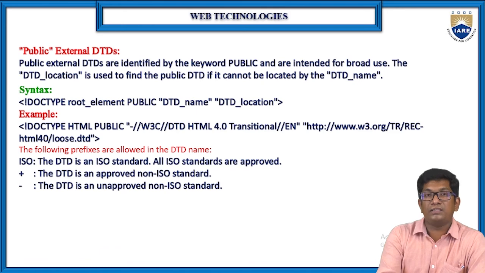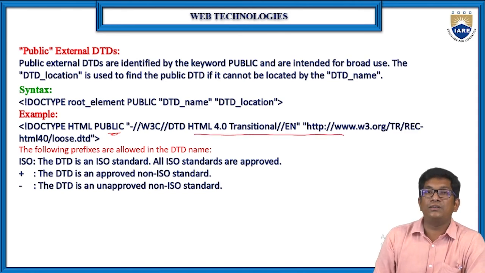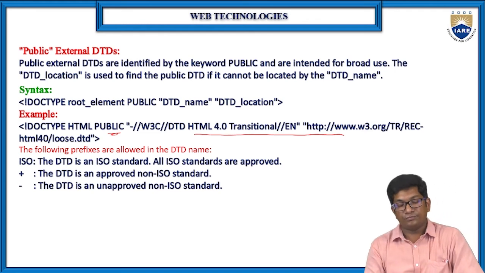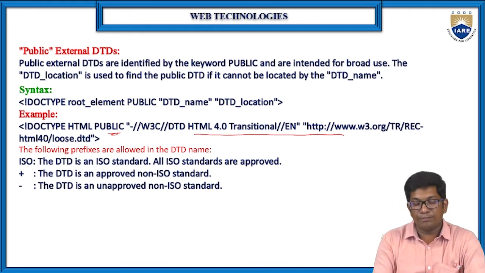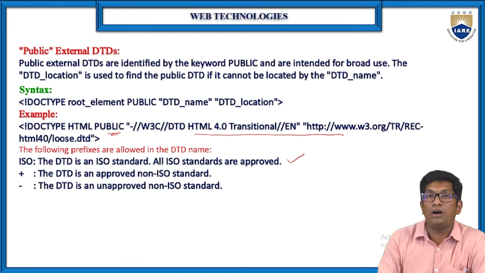Public external DTD means instead of SYSTEM, you have to write PUBLIC, and you have to specify the URL of your DTD. Right? So some symbols are displayed: ISO means the DTD is an ISO standard, and all ISO standards are approved.